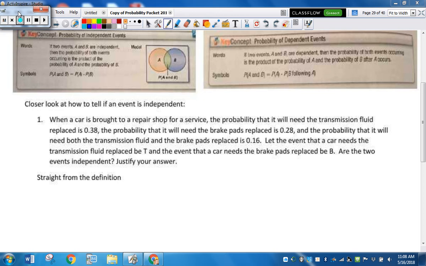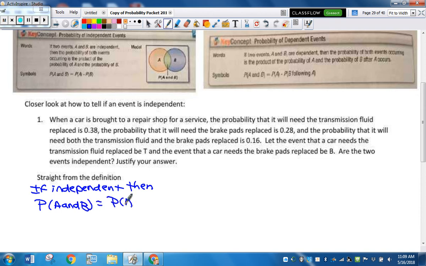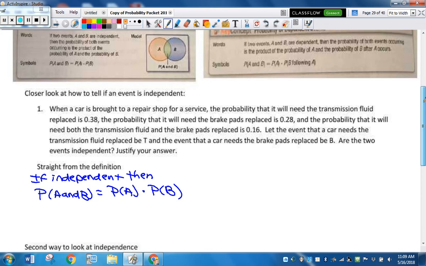Okay? So we know if it's independent, this definition has to hold. Okay? So if independent, then the probability of A and B happening has to equal the probability of A times the probability of B. That is how you define independent.